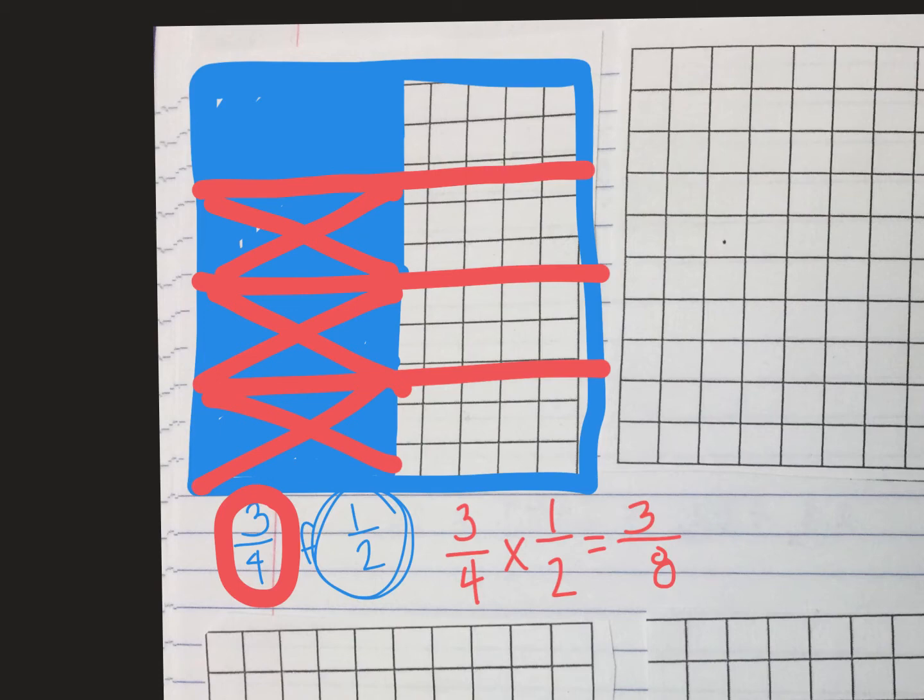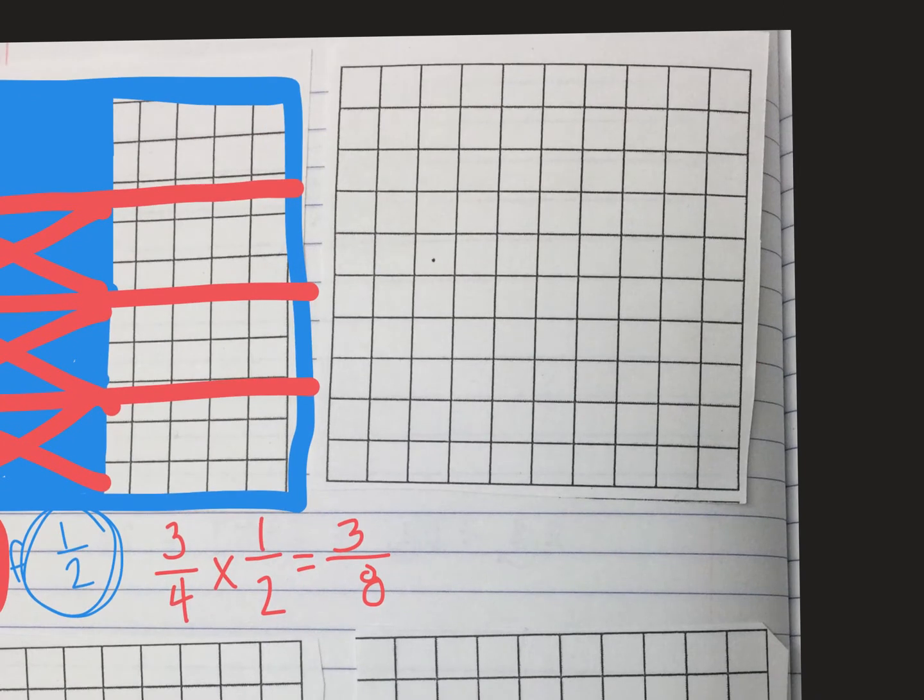All right, so the next one that we're going to do is 2/3 of 1/5, or 2/3 times 1/5. So the first thing I'm going to do is separate into fifths or thirds. So let's do thirds.